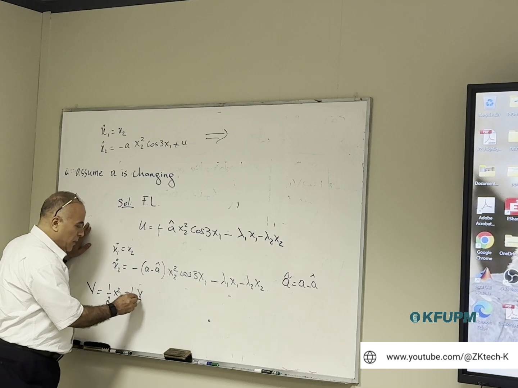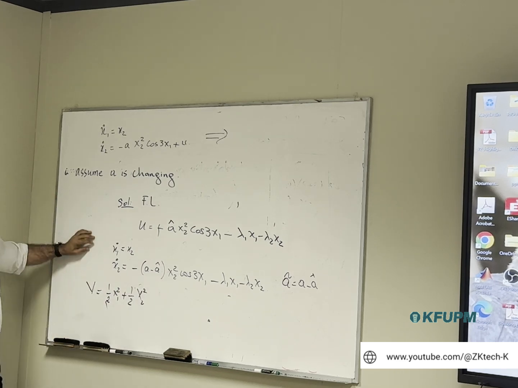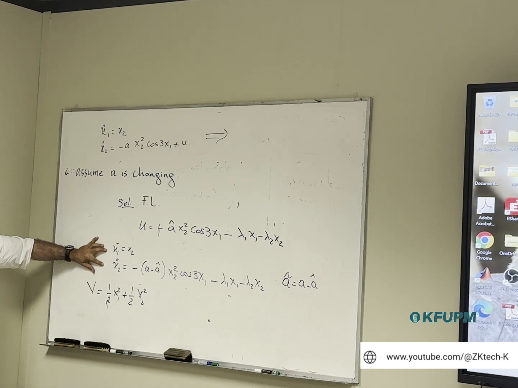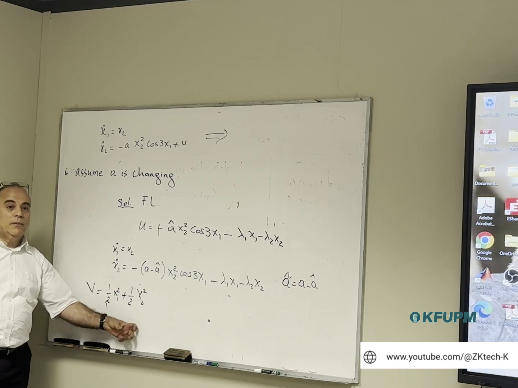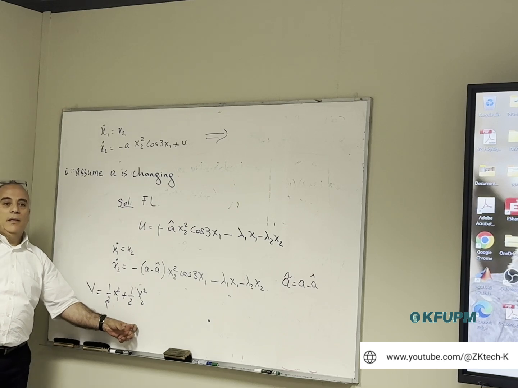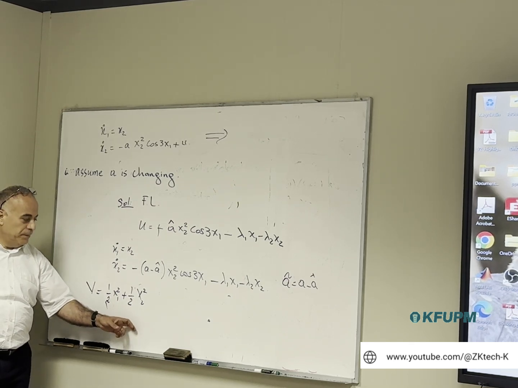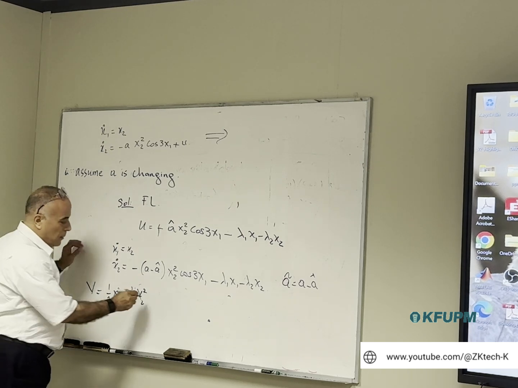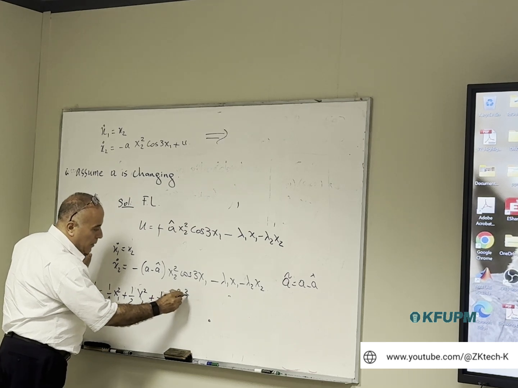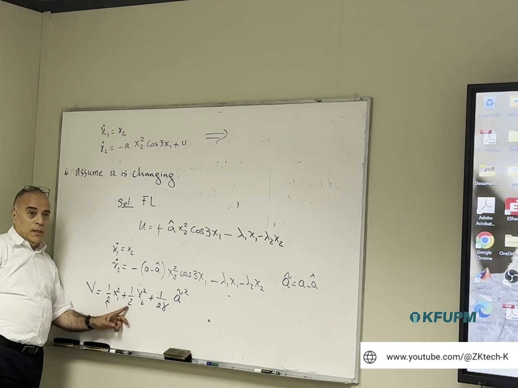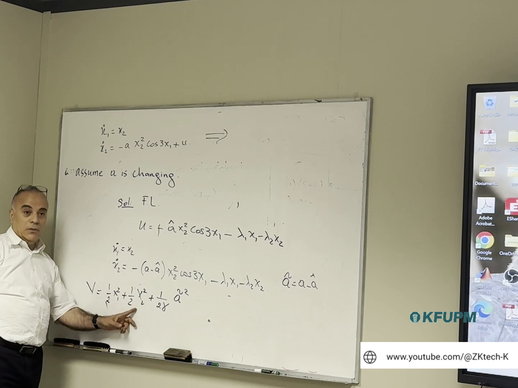Why half of x2 squared? Because we have two states. The system will be in equilibrium when the two states are zero, x1 prime 0 and x2 prime 0. If you put Lyapunov only as a function of x1, x2 can be anything. Maybe you are going along the y-axis and you think that you are stable. Plus 1 over 2 gamma a tilde squared. Here we put x1 squared and x2 squared.